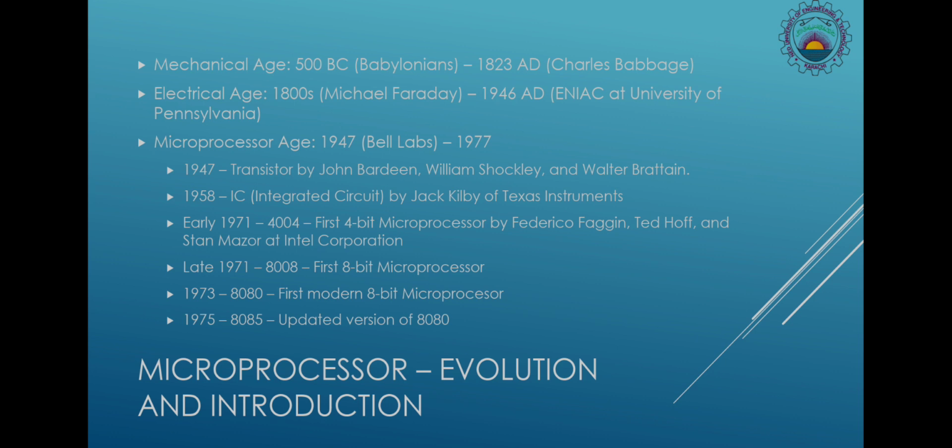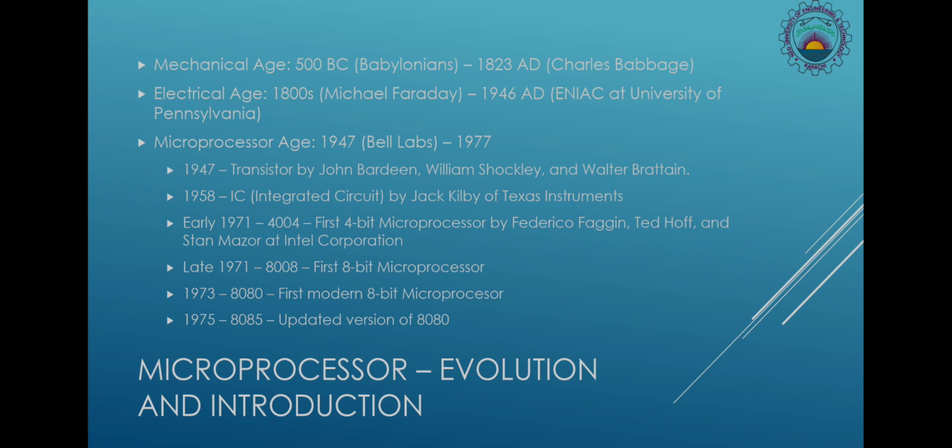That calculator had 17,000 vacuum tubes, and in that calculator there were 500 miles of wire, and the weight of that calculator was over 30 tons. So that was a huge machine. The size of that machine was very big.